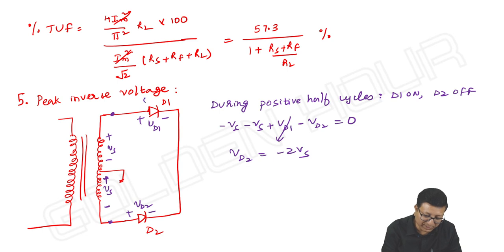D1 is almost acting like short circuit, and D2 is almost acting like open circuit. So the total secondary voltage can be seen across the diode D2.